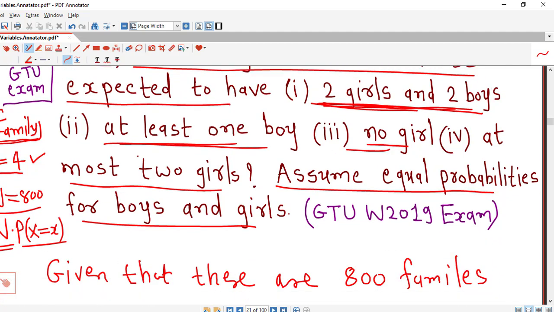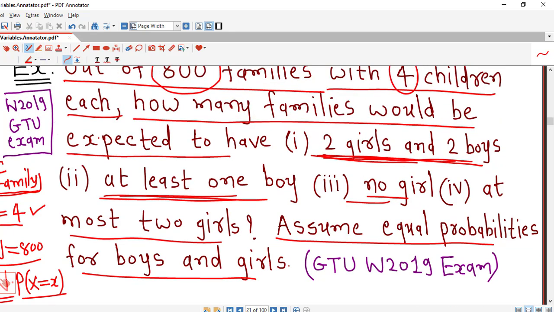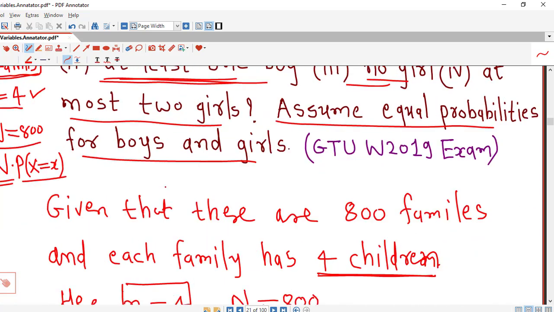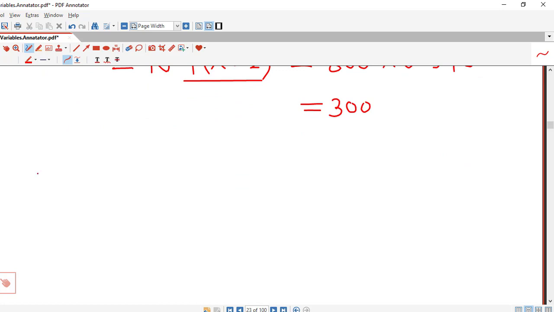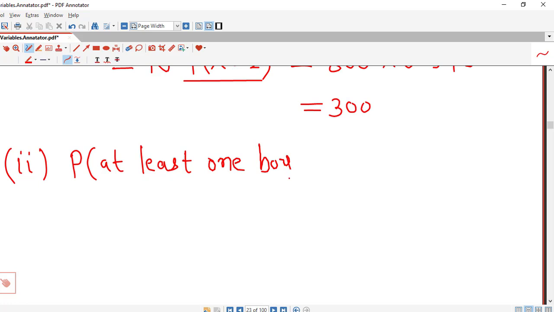Now we find out the second part. In the second part we are asked to find out the number of families expected to have at least 1 boy. So first we find out the probability of the event at least 1 boy. Now our random variable capital X is the number of boys in a family.